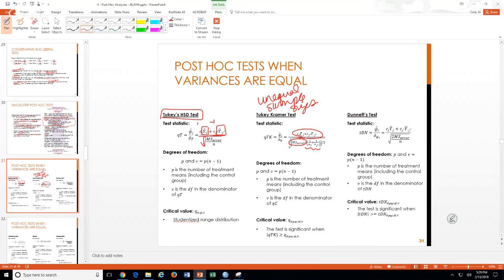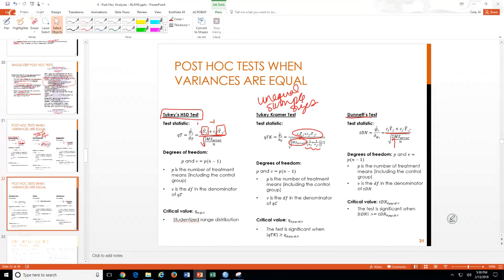The Dunnett test, notice the modification here. There's a 2 in the denominator. That's the only difference in the calculation of the test statistic between the Tukey test and the Dunnett test: the denominator also has that multiplication of 2.